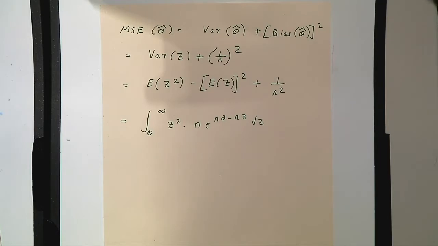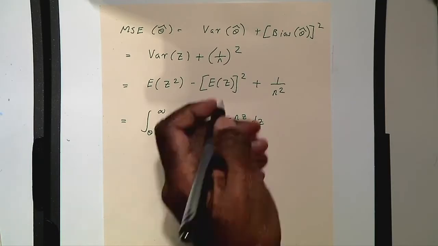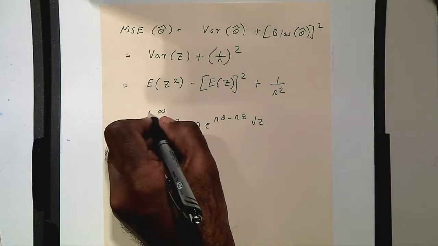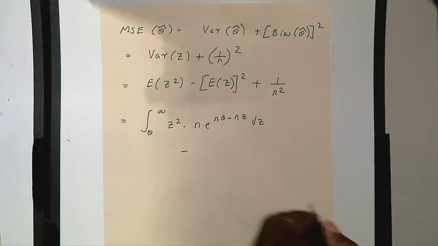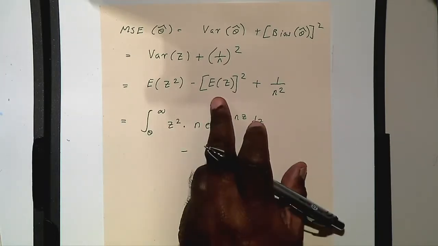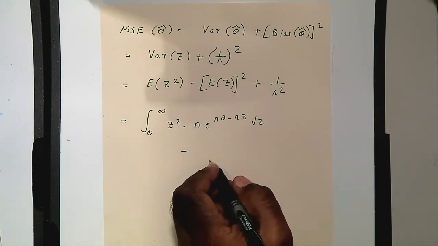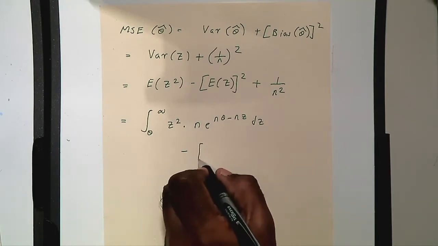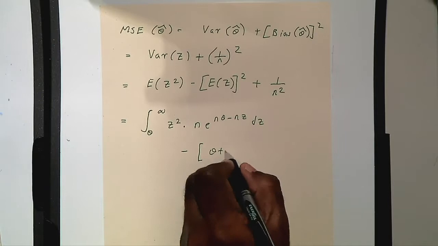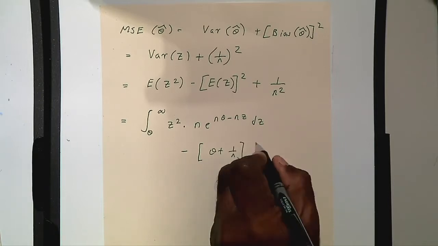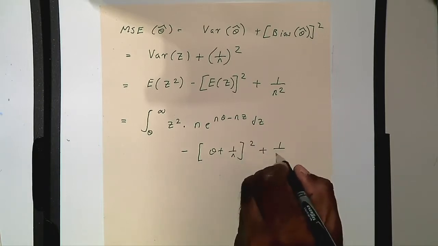And for this one, we have already found out what the expectation of z is, right? That is this plus 1 over n squared.